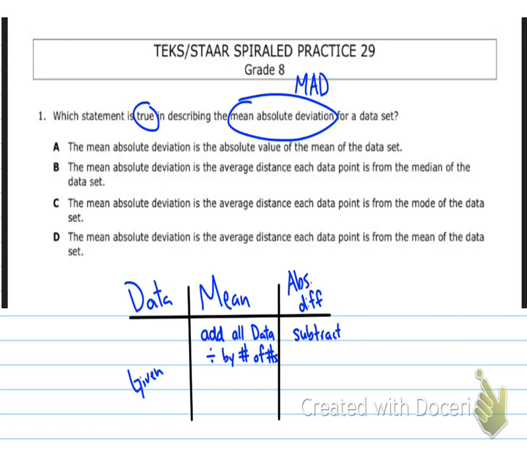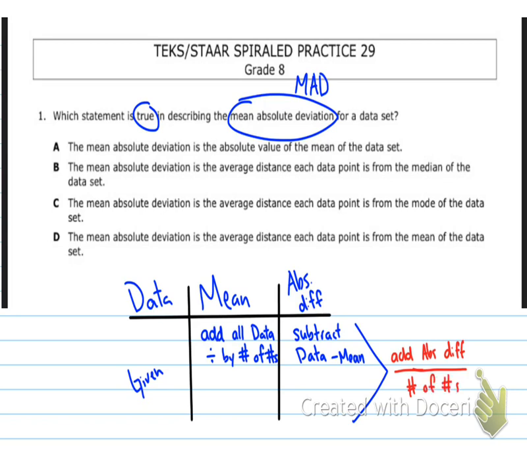So when I say subtract, you're going to subtract data minus the mean. And then to finish it all off, you're going to get all your absolute differences, add the absolute differences, and then again divide by the number of numbers.